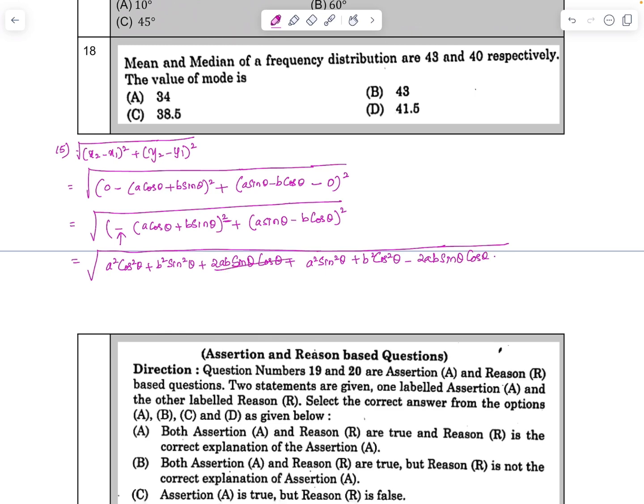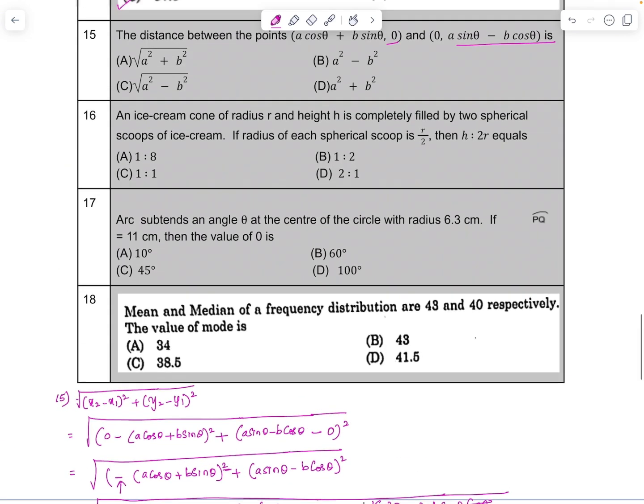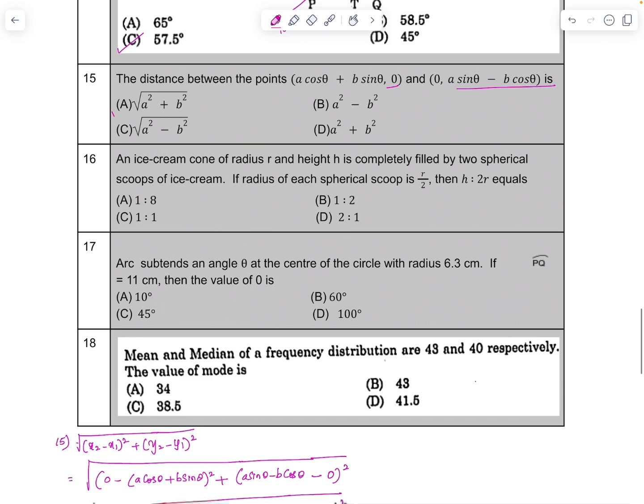Plus 2ab minus 2ab cancels, and a square is taken common, leaving behind cos square theta plus sin square theta in the bracket, plus b square is common, leaving sin square theta plus cos square theta inside the bracket. Sin square theta plus cos square theta is 1, so we get a square plus b square. So the right option is option A.